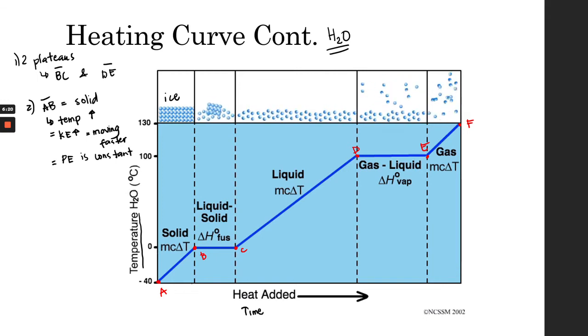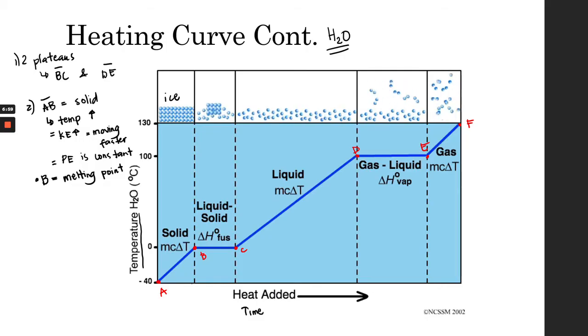Those are the things that I want you to remember at segments A to B. The temperature will increase until it reaches point B. Point B is what we call the melting point. This means the temperature is enough that it starts to break apart the intermolecular forces holding the particles together.